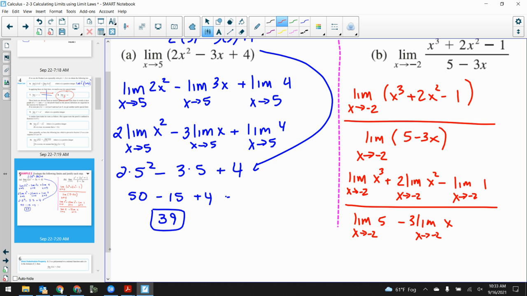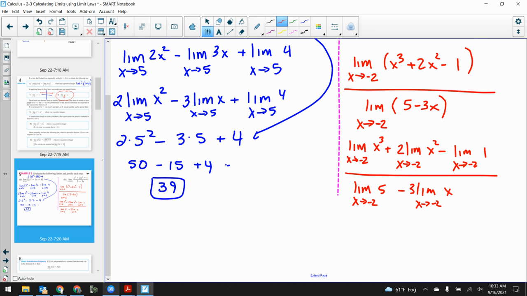So now we evaluate. We say, okay, the limit as x approaches negative 2 of x to the third is negative 2 to the third, plus 2 times the limit as x goes to negative 2 of x squared, which is 2 times negative 2 squared. What's the limit here? The limit as x goes to negative 2 of 1. 1, right?